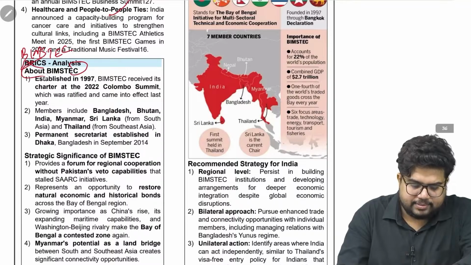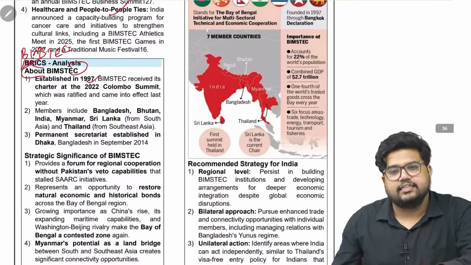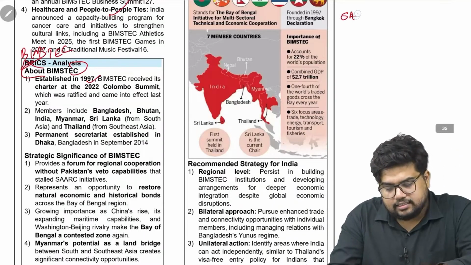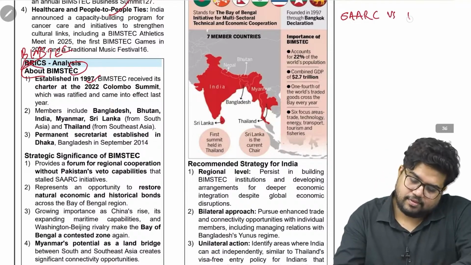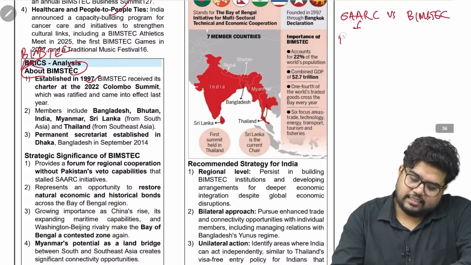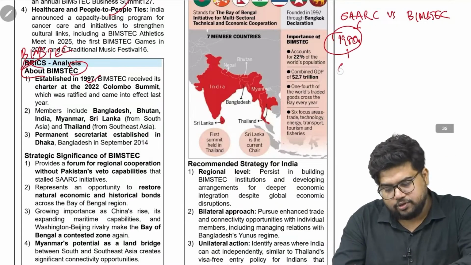Analysis about BIMSTEC: it was established in 1997. Again, one of the stark differences between BIMSTEC and SAARC is that SAARC was established in the 1980s, during the time of the Cold War.